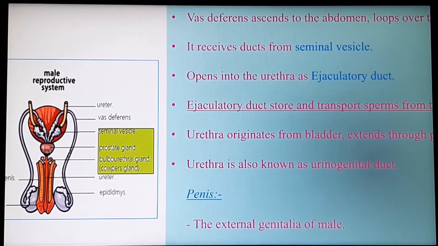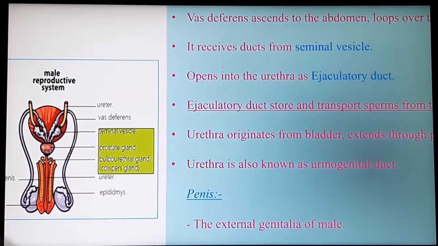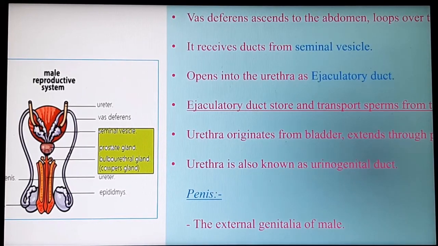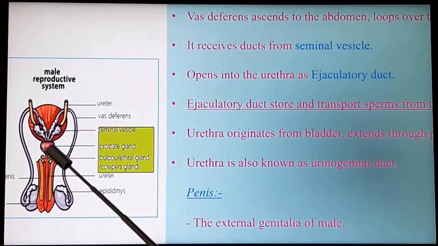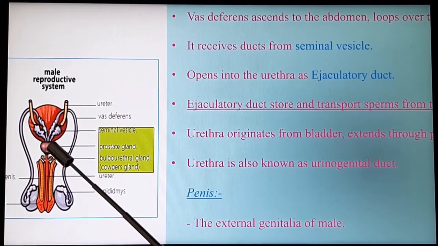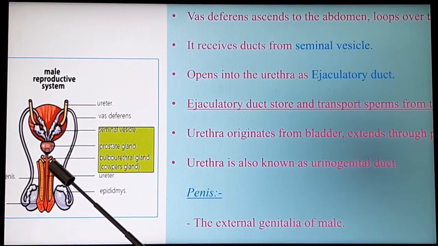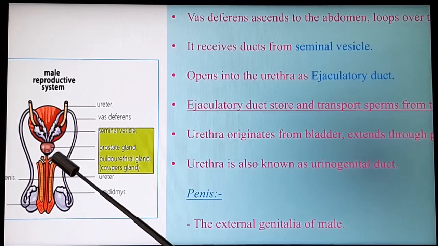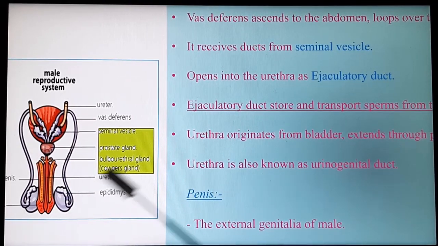Before that, the vas deferens receives a pair of ducts from the seminal vesicle, and that portion is known as the ejaculatory duct. It also receives a duct from the unpaired prostate gland, followed by the bulbourethral gland or Cowper's gland. Then it continues as the urethra, which opens exteriorly.